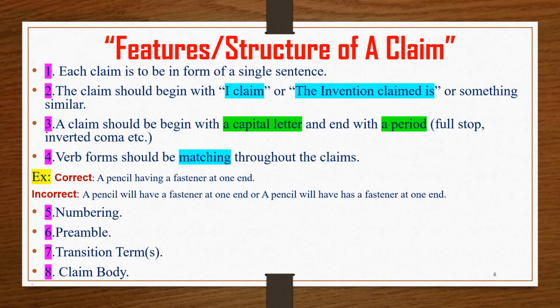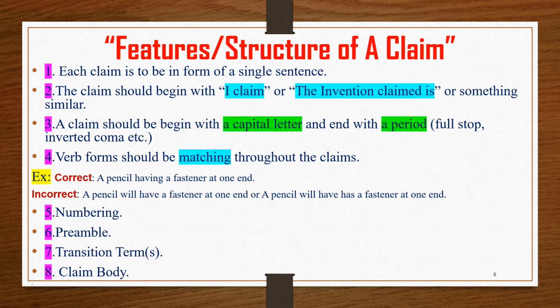Features of a claim. Okay, so let us proceed into the details of a claim. Point number one, each claim is to be in the form of a single sentence, which we discussed earlier.